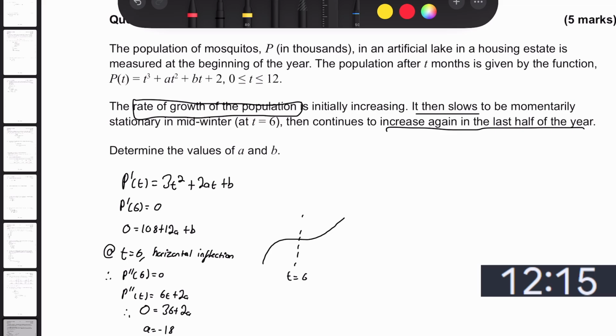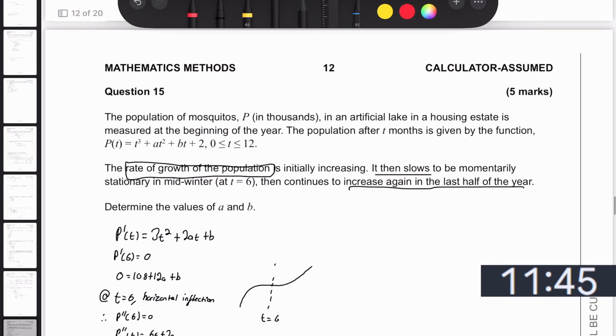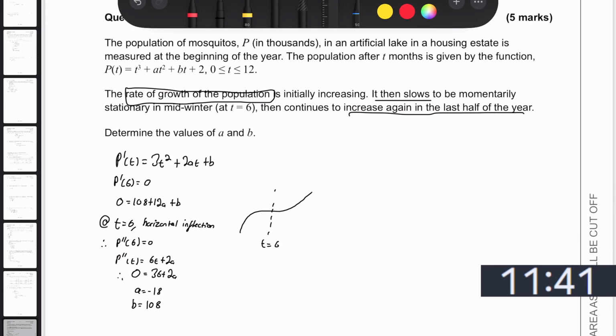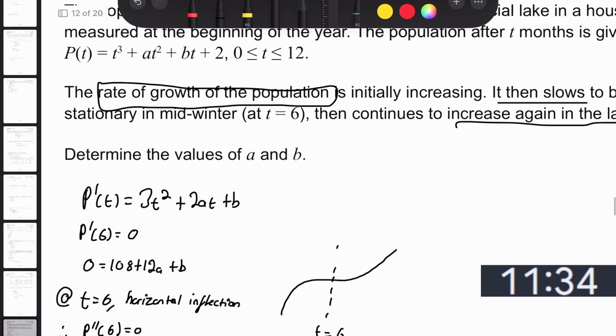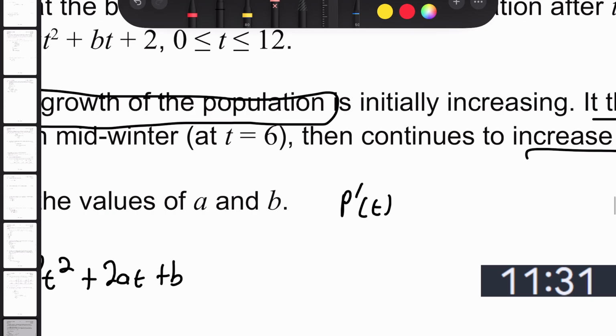I still don't like the wording of this. Of growth of the population is initially increasing. So this is increasing, meaning that the second derivative must be greater than 0.